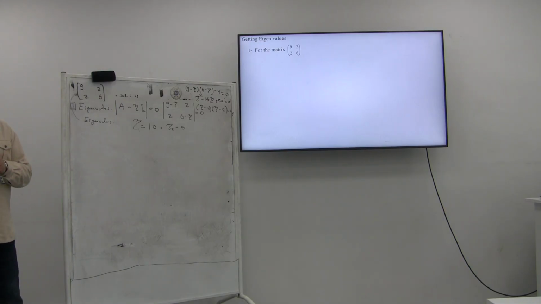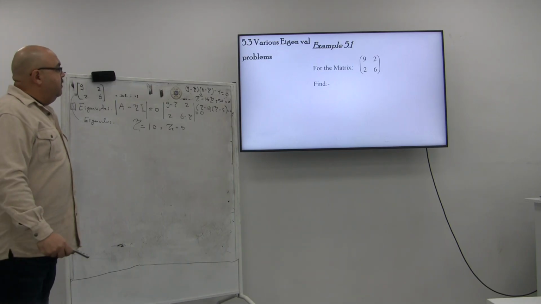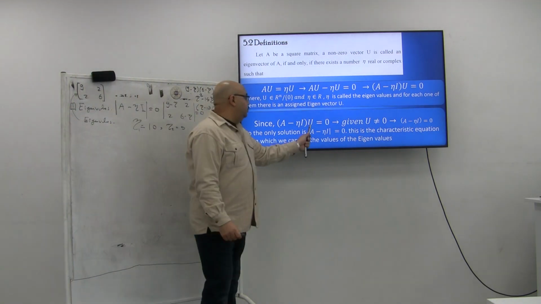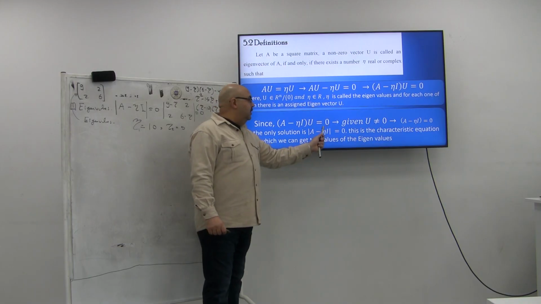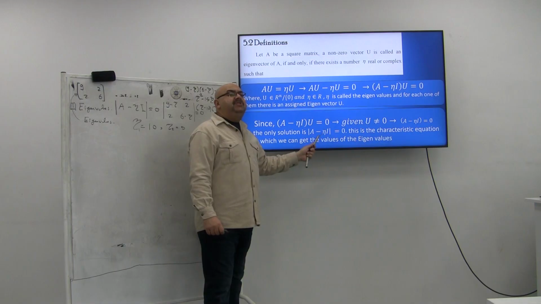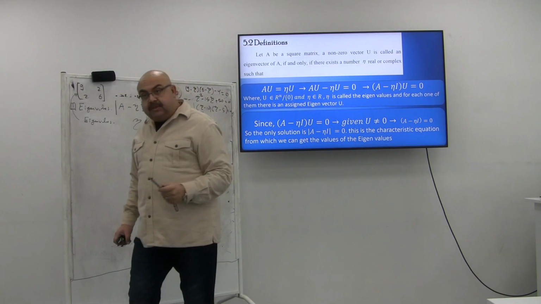For each one of these eigenvalues, I will need to find the corresponding eigenvector, which is U. How to find U? I will substitute in this homogeneous system. That's a matrix, am I right? And that's the unknown elements, U, and it's equal to 0, which means it's a homogeneous system of equations.